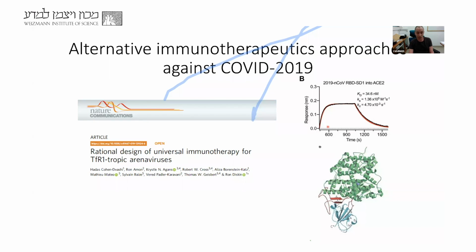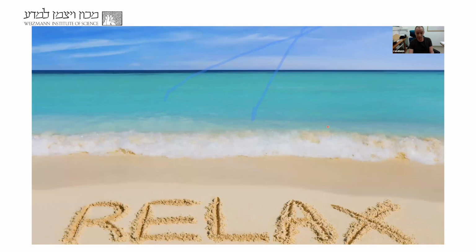So with that, I would like to end with this more optimistic slide. So in general, it's good to relax. And I selected this particular slide because it shows you summer. And we know that upper respiratory tract viruses, or all the other respiratory tract viruses that we know about, are attenuated during summertime.